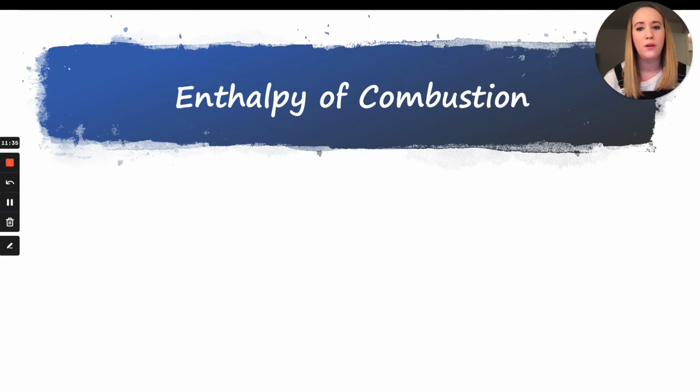So if we can do an experiment to work out the enthalpy of combustion of a substance, it can help us with other enthalpy change calculations as well. We might just be interested in the enthalpy of combustion, but it can also help us with other calculations.